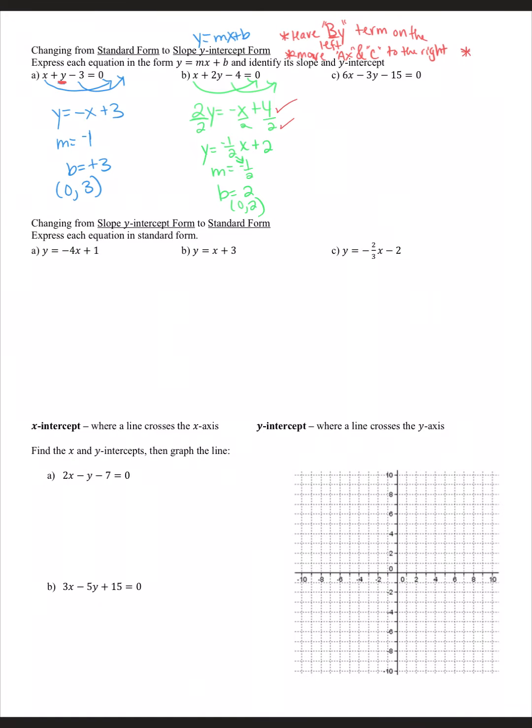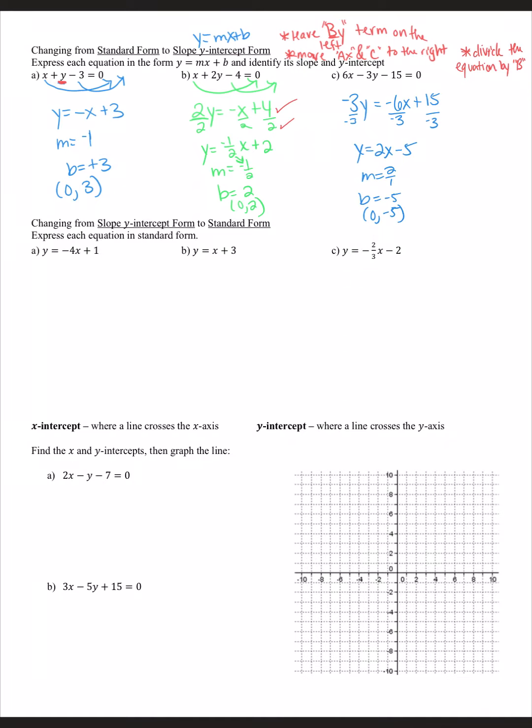So we're going to divide the equation by b. Right, that's that last part. I'd like you to pause the video and see if you can do that third one all on your own.